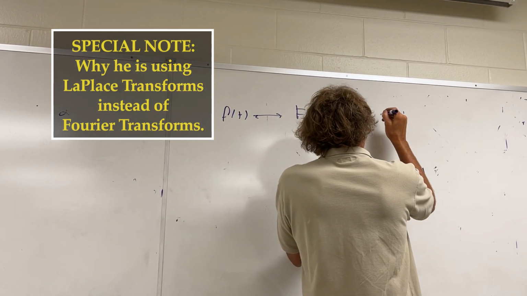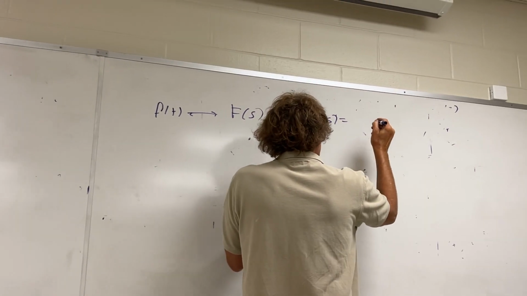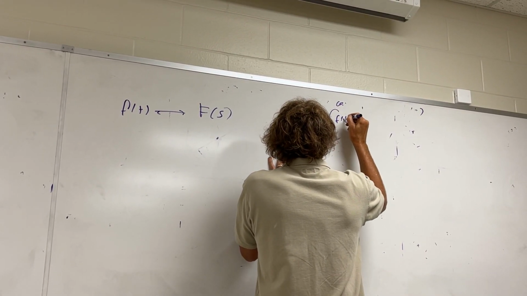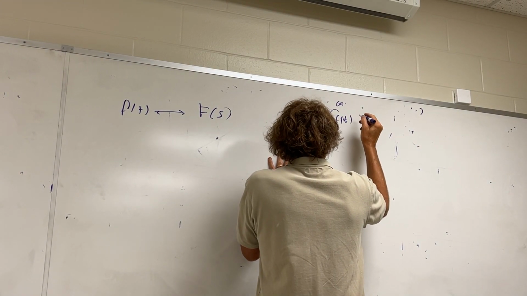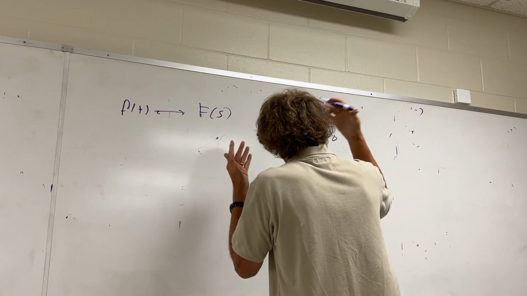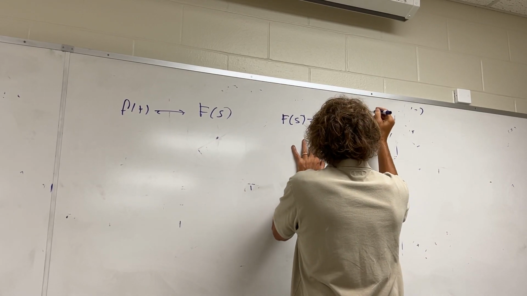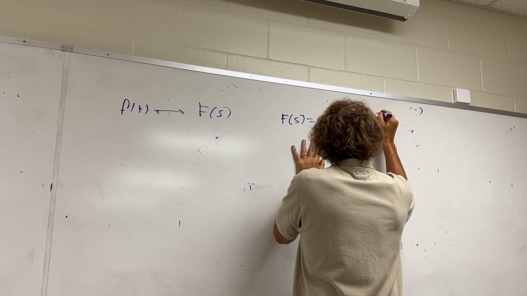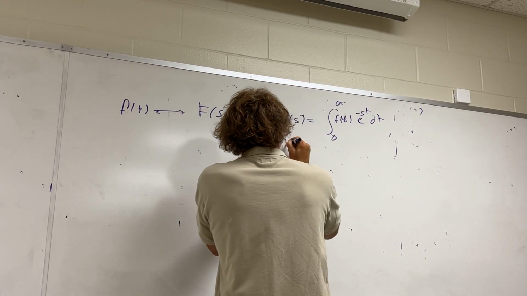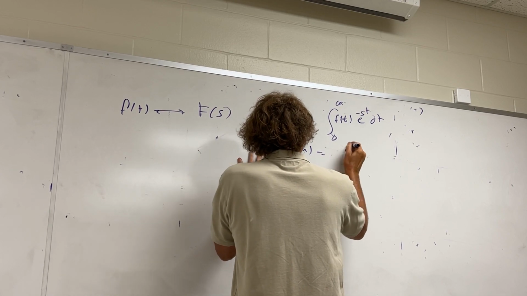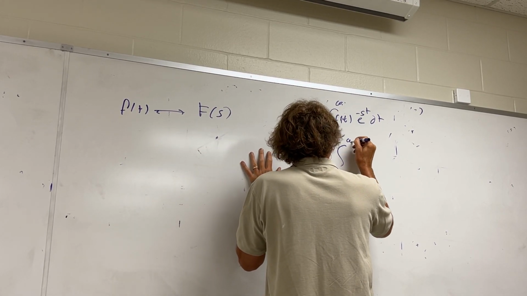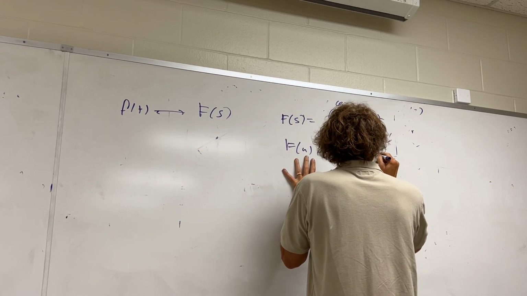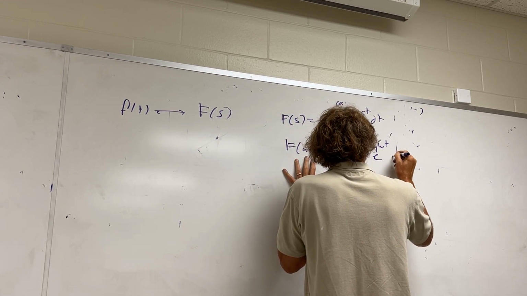In general, F of s is equal to the integral from 0 to infinity of f of t times e to the minus st dt. That's Laplace. By the way, Fourier transforms are just the integral from minus infinity to infinity of f of t times e to the minus j omega t dt.